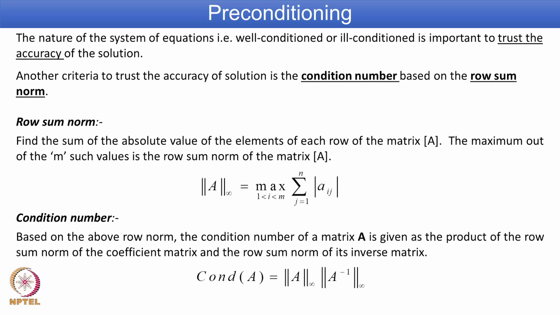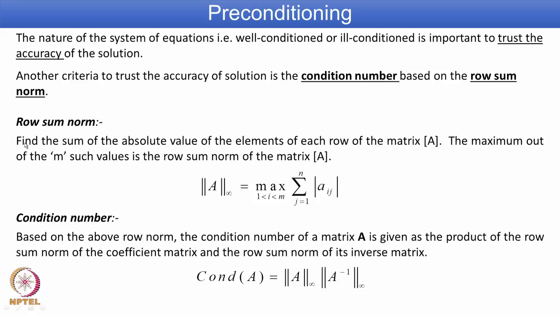The nature of the system of equations, that is whether it is well conditioned or ill conditioned, is important to trust the accuracy of the solution. Another criterion to trust the accuracy of the solution is what is known as the condition number, and that is based on what is known as the RowSum norm.